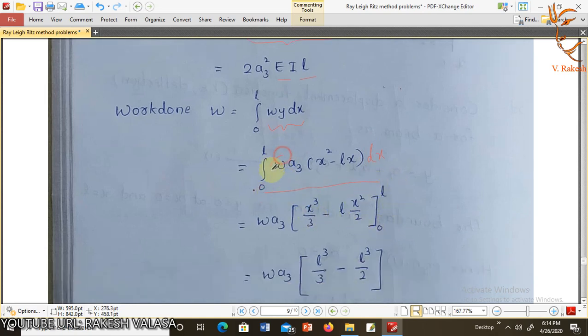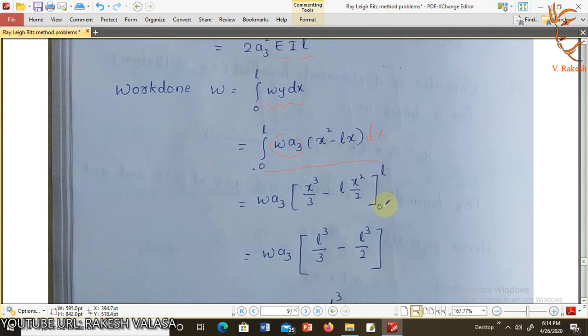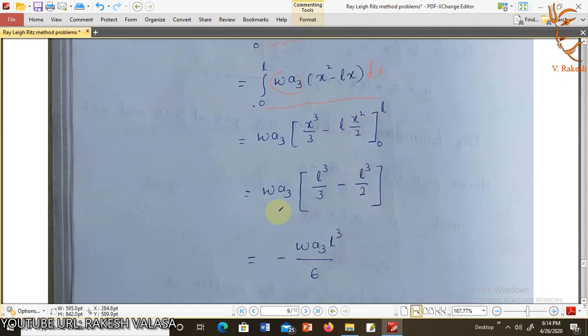Taking W a3 as a constant term common, x square integrates to x cube by 3 minus L, which is constant, x integrates to x square by 2, limits 0 to L. Now apply the limits: W a3 into L cube by 3 minus L into L square by 2, that is L cube by 2. Simplifying, we get minus W a3 L cube by 6.